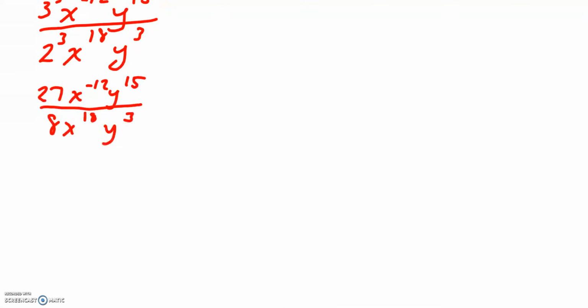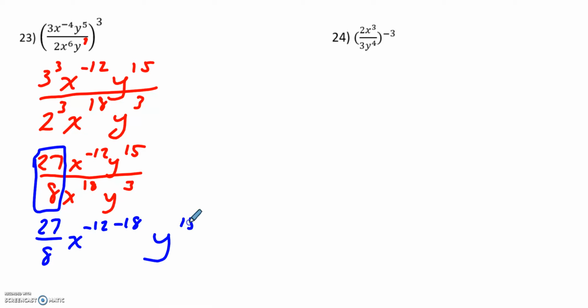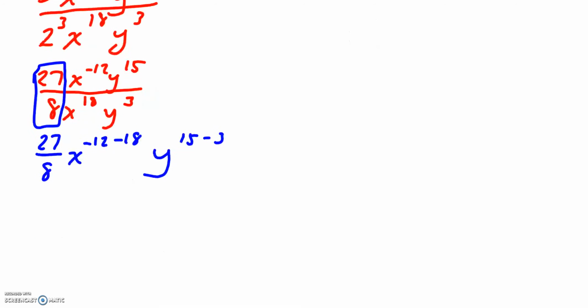Just like the previous example, when we have like bases and we are dividing, we subtract the exponents. So 27/8 cannot be reduced, and I'm not subtracting these because these are not like bases, so I just need to divide them or reduce them. But I can subtract these exponents, x to the negative 12 minus 18th power, and y to the 15 minus 3 power.